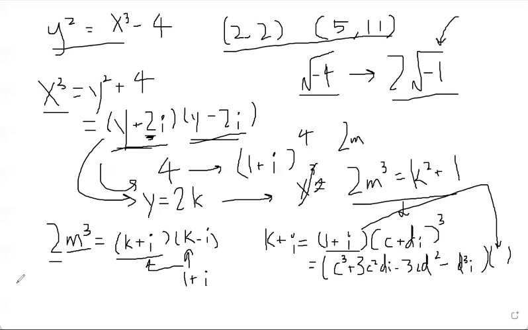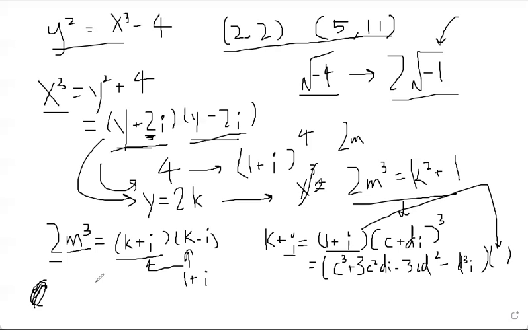Well, if we multiply by 1 plus i, we don't care about the real part. We really just care about this imaginary part. So we're just going to look at that part. If we multiply by 1 plus i, we just need to care about the i times the real part and the 1 times the imaginary part. That's basically just going to be addition.